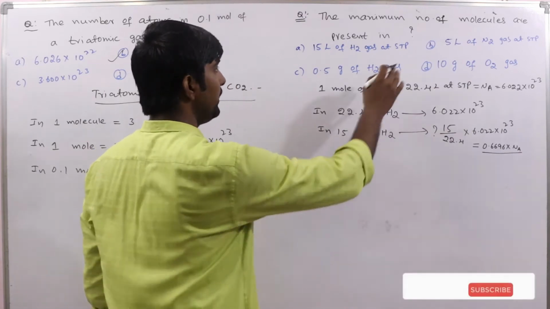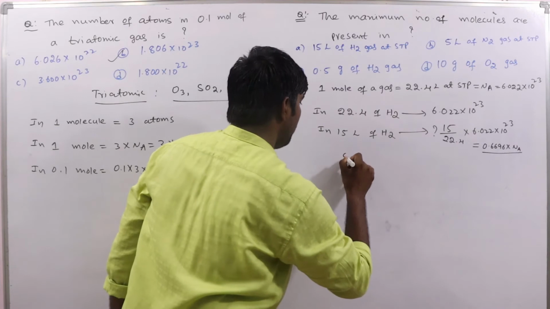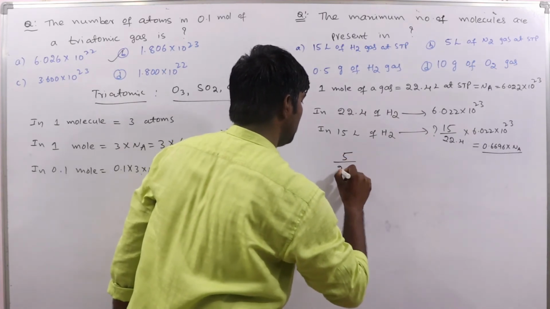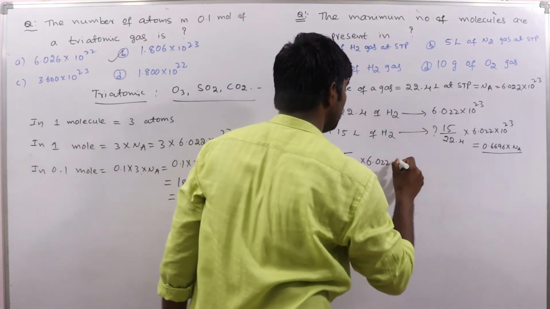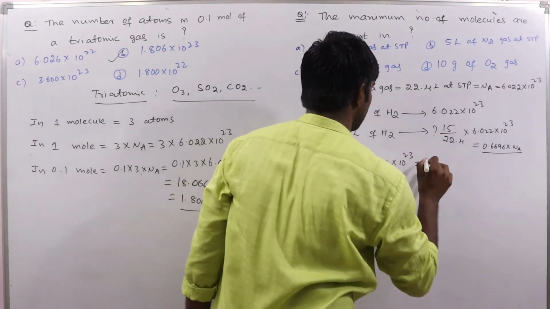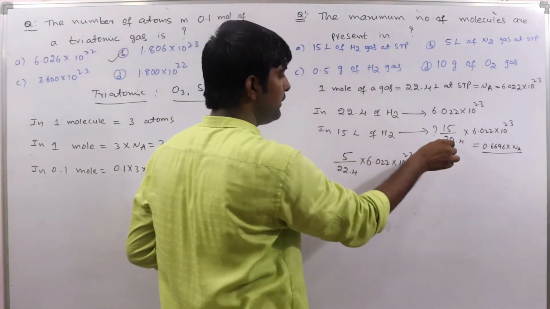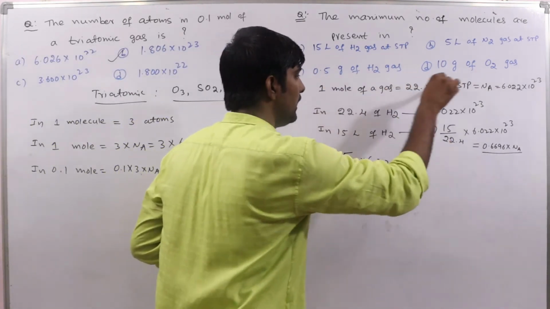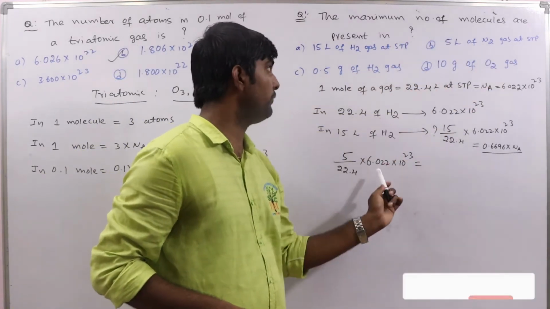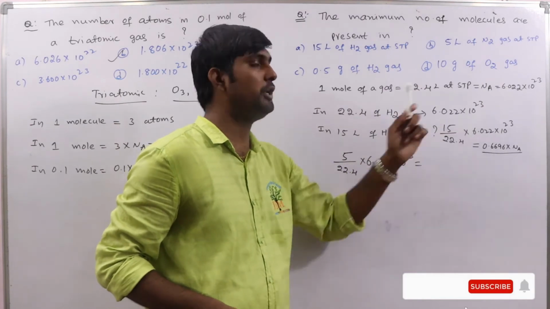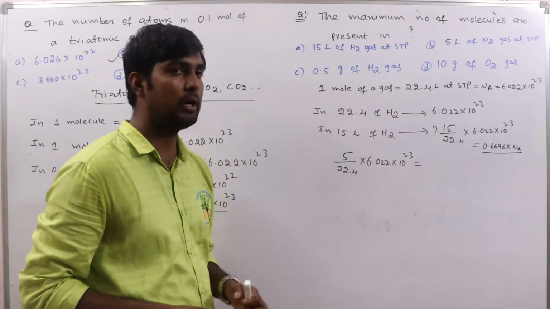Next, same for this one also. For this one, 5 by 22.4 into 6.022 into 10 power 23. See here, for 15 liters, 15 by 22.4, I have explained how we get it. The same applies here: 22.4 liters of N2 has these many molecules, and 5 liters has 5 by 22.4 into Avogadro number.